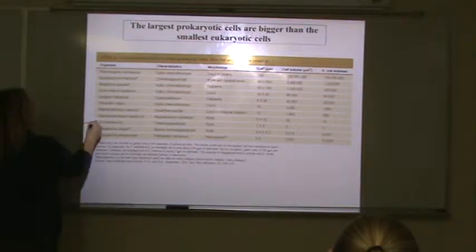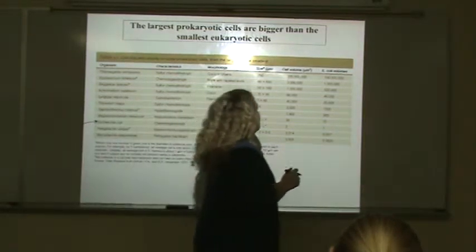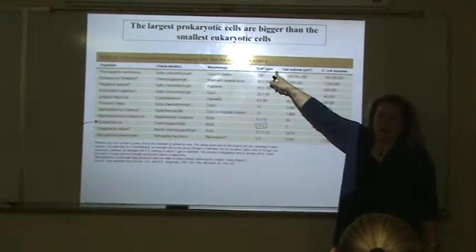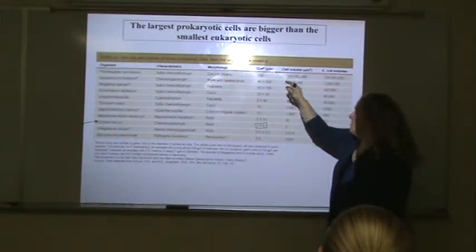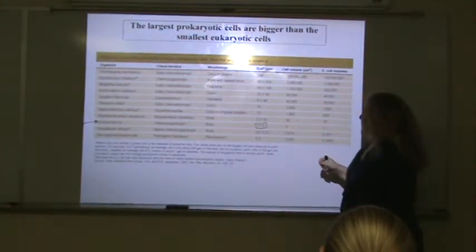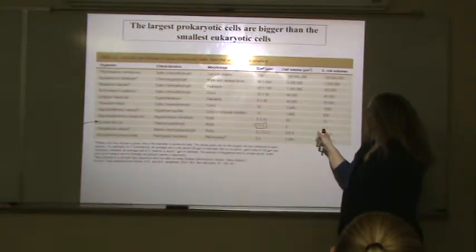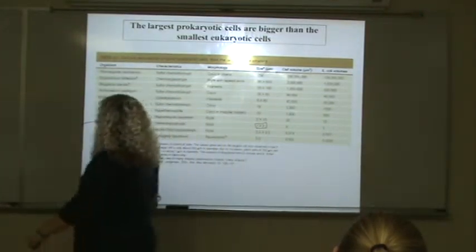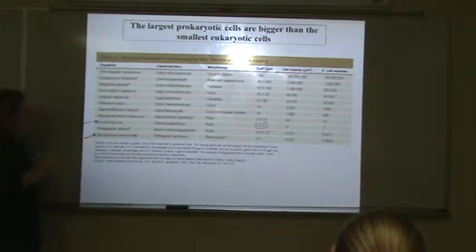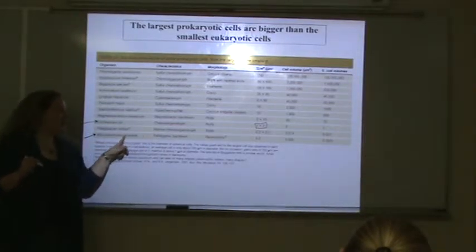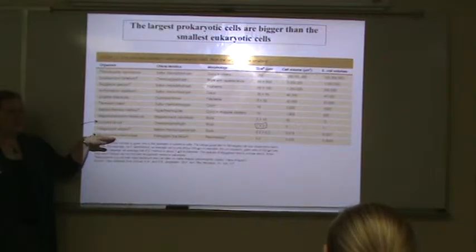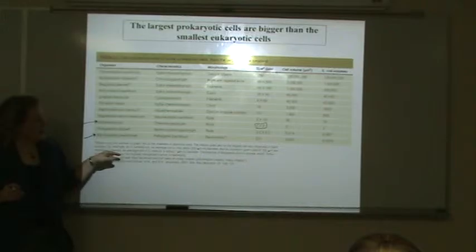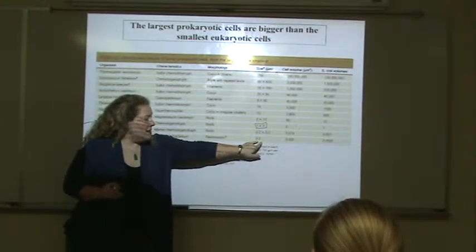So a normal sized bacterium might be Escherichia coli, 1 by 2 microns. And they're setting that as sort of a standard for cell volume. Some of the very tiniest bacteria, like Mycoplasma pneumoniae, it actually lives inside other cells. It's almost a parasite of cells. It can be way tinier than that.